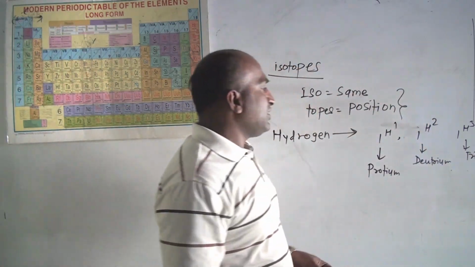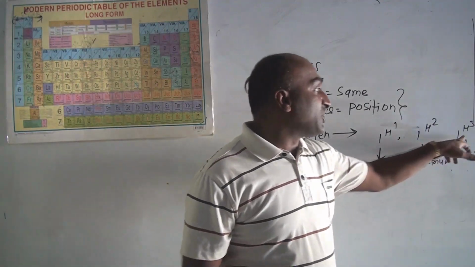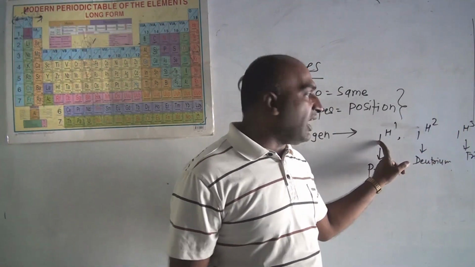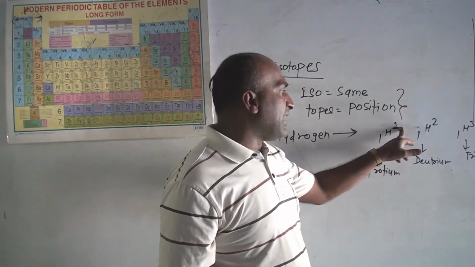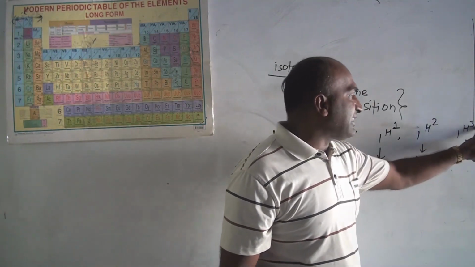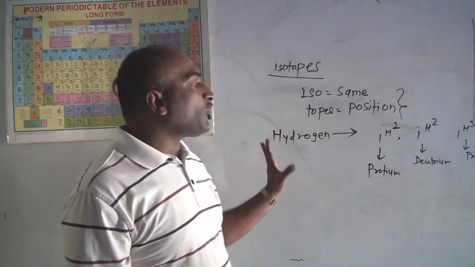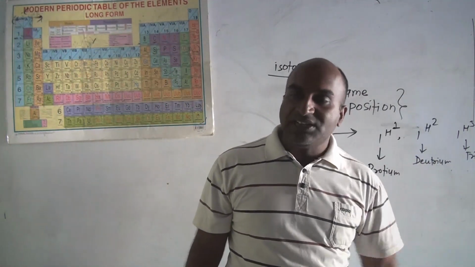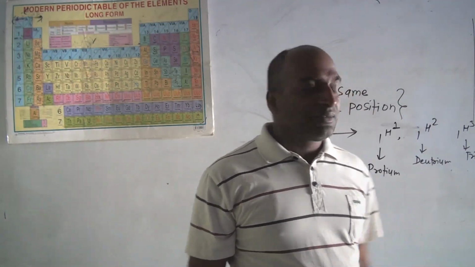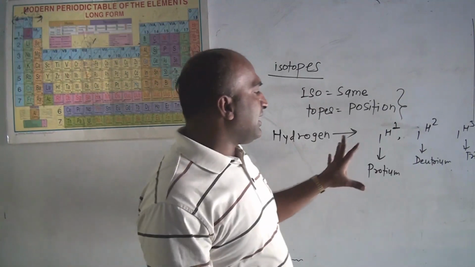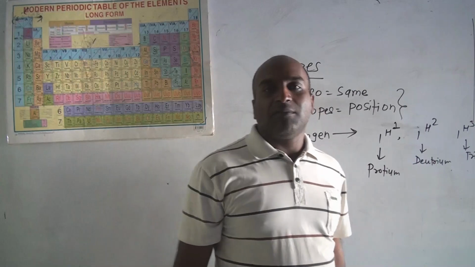The same element has different atomic masses. The atomic number is the same, hydrogen has atomic number 1, but the atomic mass is different: protium has atomic mass 1, deuterium 2, and tritium 3. So isotopes are atoms of the same element having the same atomic number but different atomic masses.